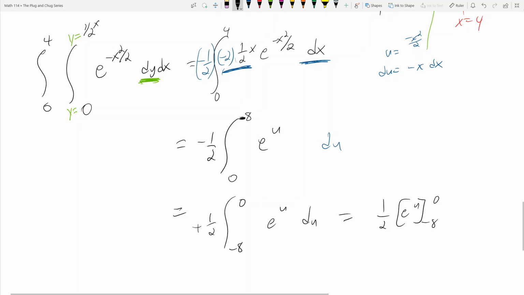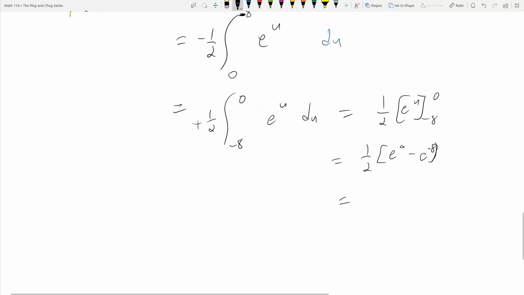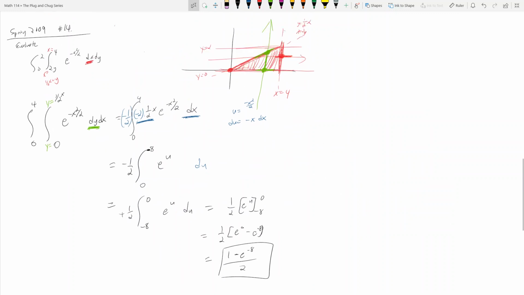And what do I get? I get 1/2 times e to the 0 minus e to the negative 8, which is actually 1 minus e to the negative 8, over 2. e to the 0 is equal to 1.